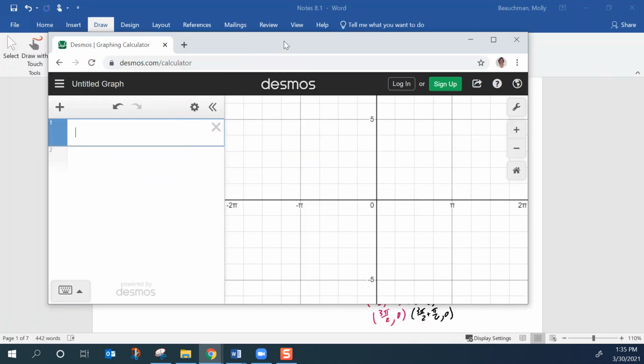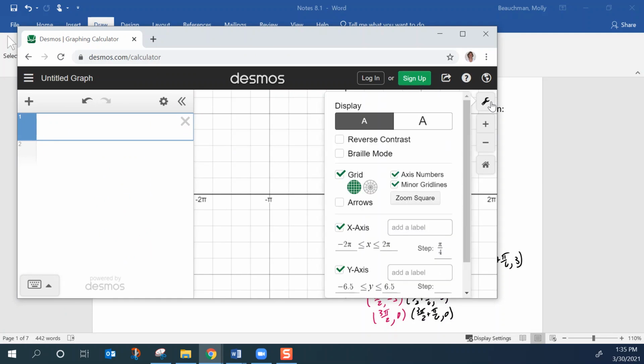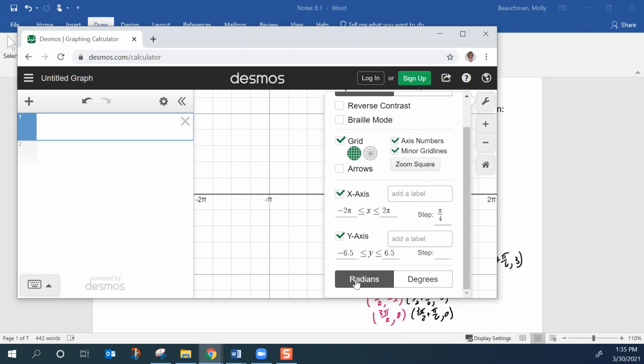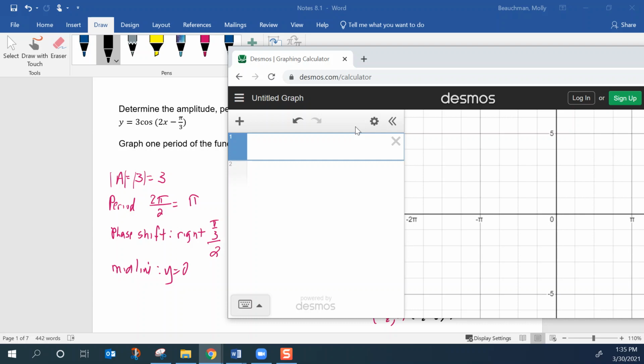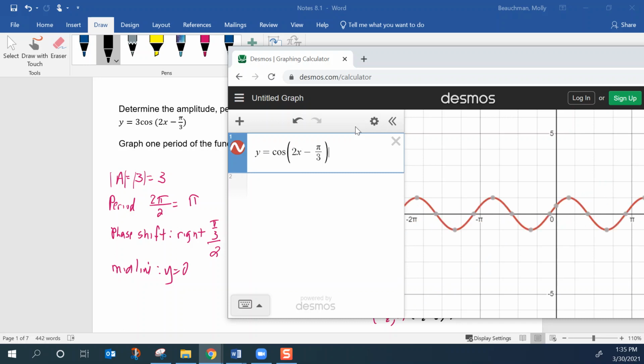Make sure that your graph is in radians, and that's where you do that here as well. So zoom square, we're in radians. And then type in your equation. y equals cosine of 2x minus pi divided by 3. And you can check your work.